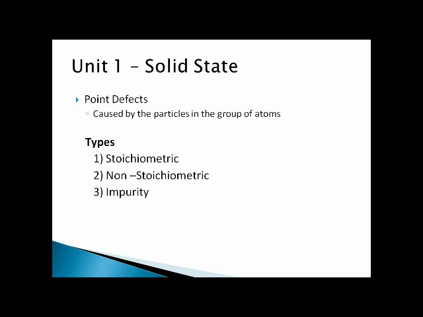Defect. What is defect? It is otherwise known as imperfection. Any departure from the perfectly ordered arrangement in a crystal is known as defect. In your syllabus, point defect is given.